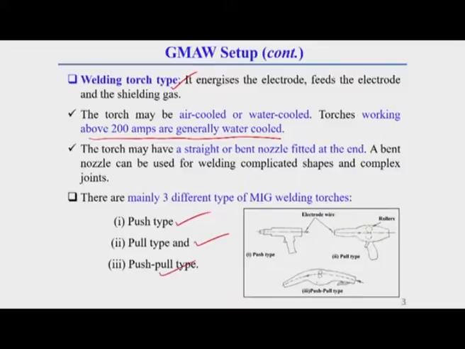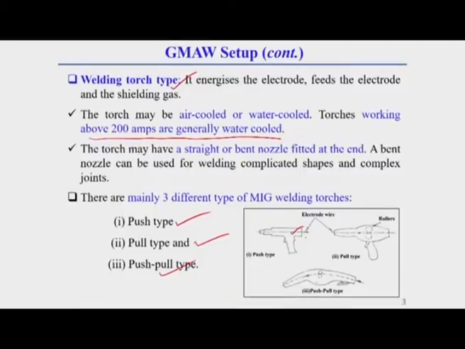Generally, in case of push type MIG welding process or push type welding torch, there is a pushing of the electrode through this gun. So, it pushes the electrode to continuously feed to the weld pool. So, here some pushing mechanism is used, whereas in case of the pull system, some roller system is used which pulls the electrode and continuously feeds it to the weld pool. So, a pulling mechanism is used, while generally a push mechanism is used in the first case.